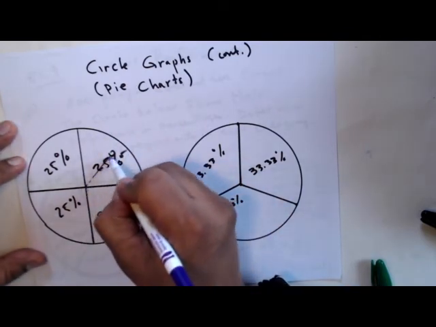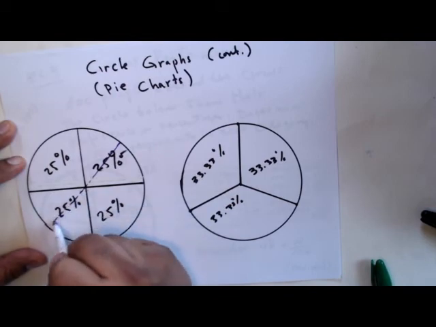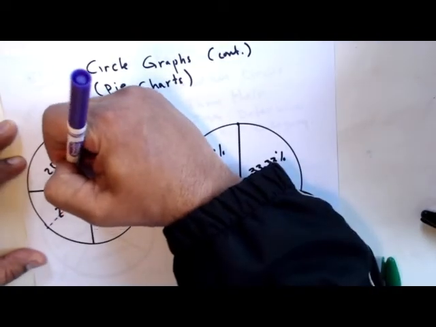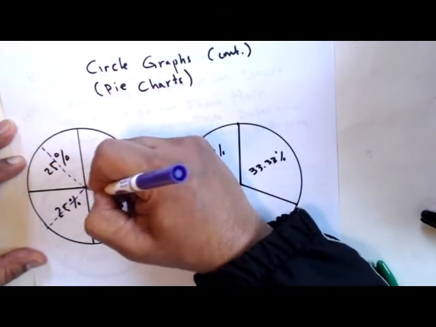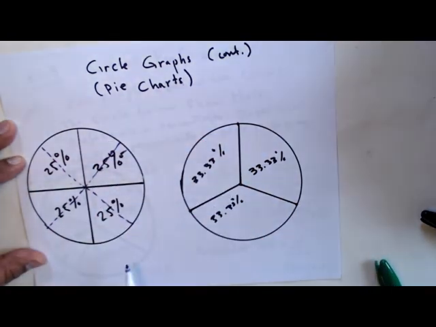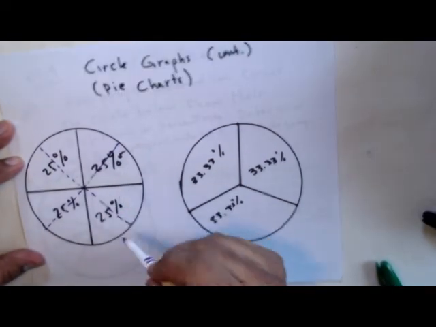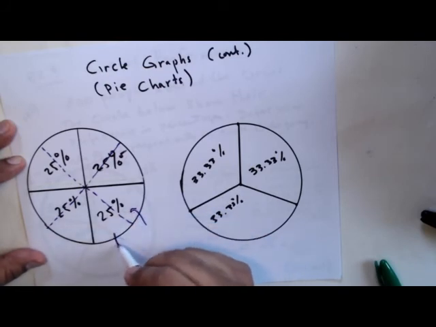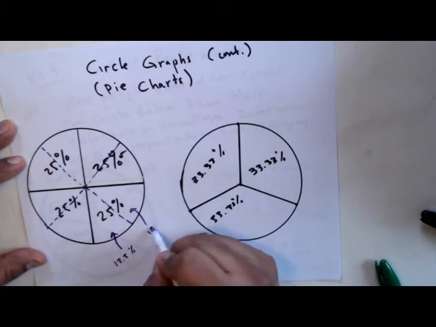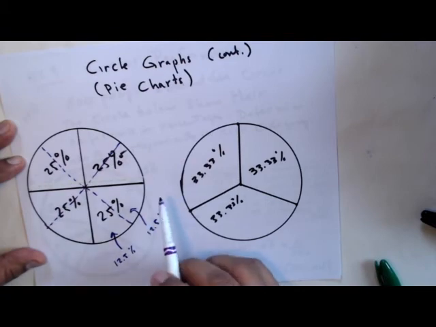So if you were to divide it like this, in that case every piece will be 12.5%, 12.5%, and so forth.